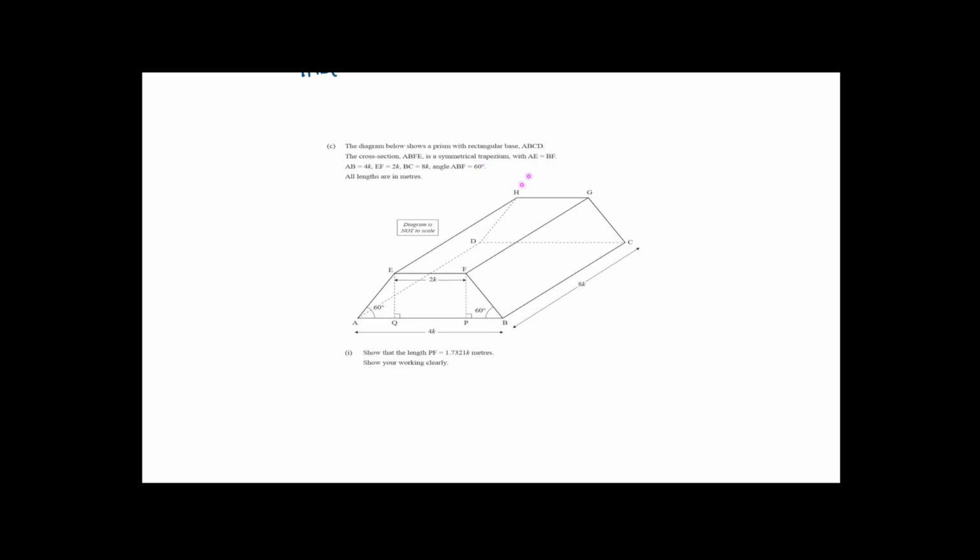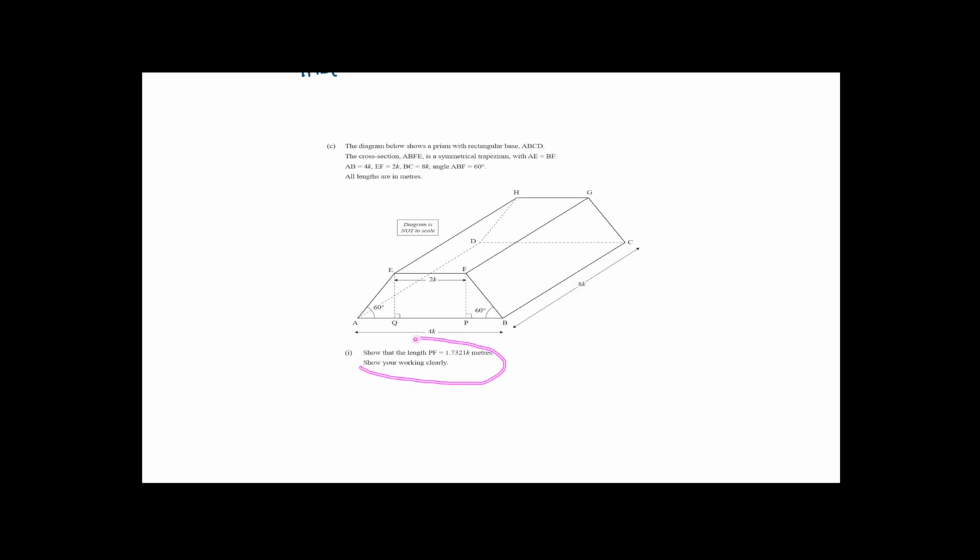Trapezium with AE equals BF, okay? So this side here is the same length as that side there. AB, this length here, is 4K. EF is 2K. And BC equals 8K. And this angle here, ABF, is 60 degrees.